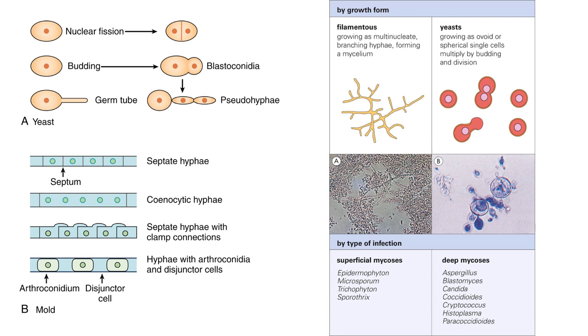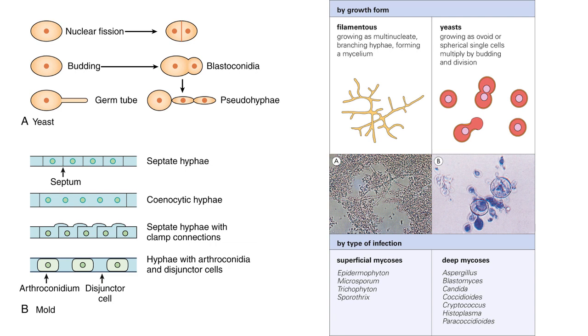And on the mold portion, what you see under the microscope, you can have separated nuclei in septate hyphae or conjoint nuclei as in coenocytic hyphae. That is important because medically relevant fungal infections come in those two forms.